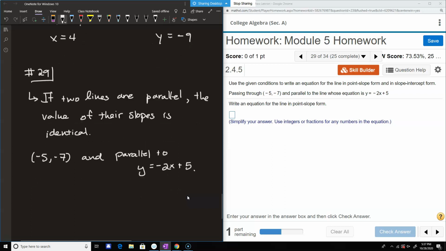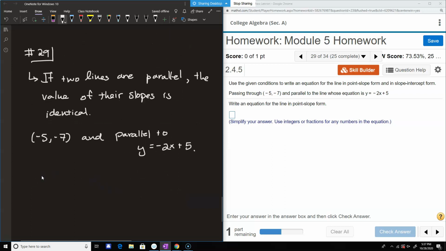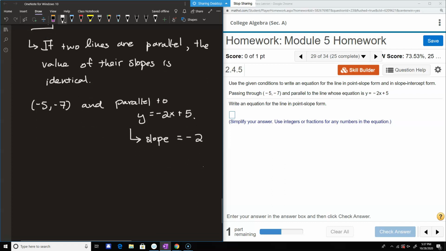So this is the same problem as the line passing through -5, -7 having slope of -2. That's all we care about from knowing it's parallel to that line, is we know the value of its slope.